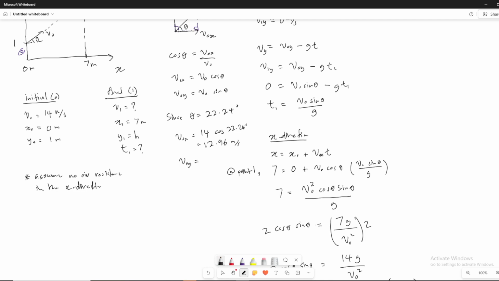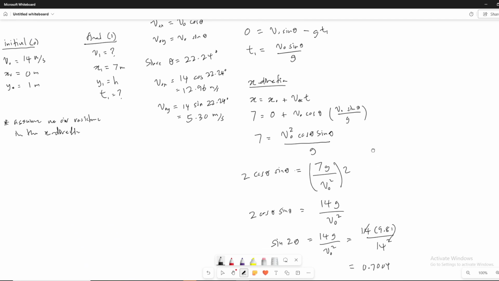V naught y is 14 sin 22.24, which equals 5.30 meters per second. These are V naught x and V naught y.